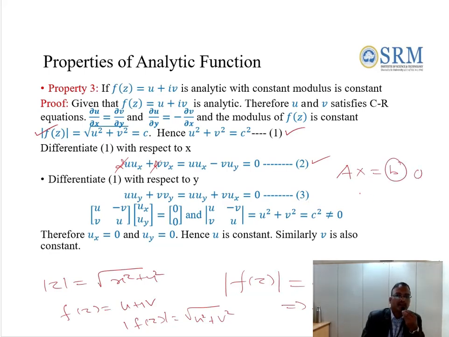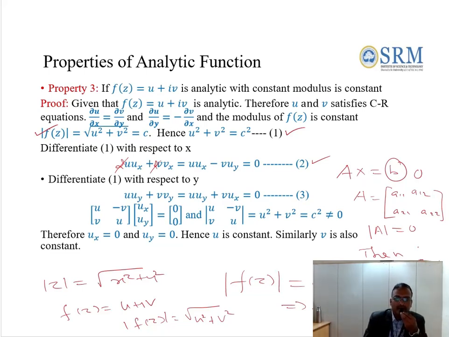Here A is a 2 cross 2 square matrix of the form A11, A12, A21, A22, and X is a column vector. If the determinant of A is not equal to 0, then X equal to 0 is the only solution.